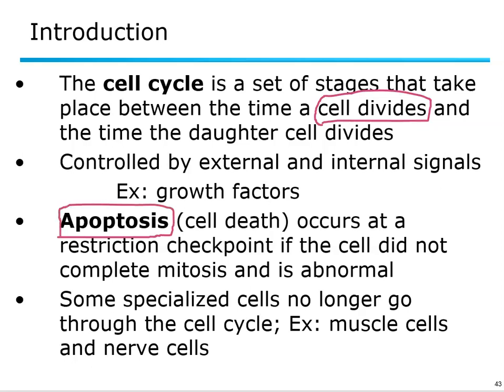Expected cell death is called apoptosis, and it occurs at a restriction checkpoint if the cell did not complete the mitosis, and the mitosis is abnormal. This is an expected process to control the cell division, and eventually we're going to be dividing our cells, but some specialized cells no longer go through the cell cycle. For example, muscle cells and nerve cells have just a few divisions, and some of them have no more divisions.